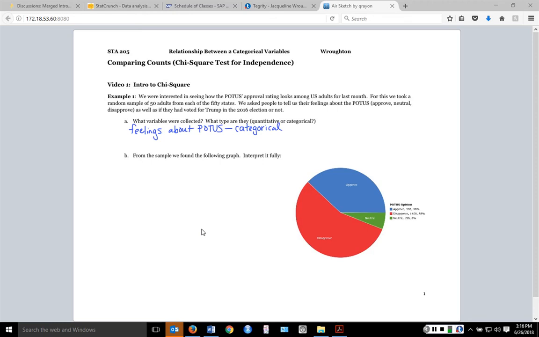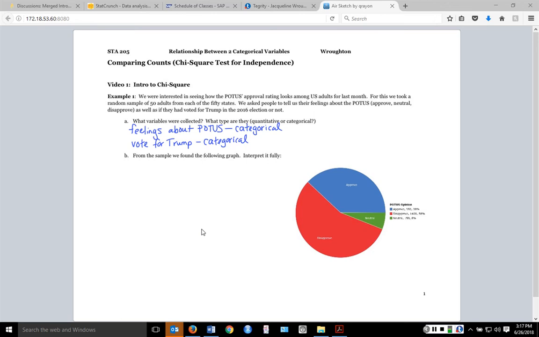Our other variable, the other thing they recorded about each of these people, was if they had voted for the president. So did they vote for Trump? This is going to be a yes, no answer to the question. So this is also going to be a categorical variable. So we do have two categorical variables here.